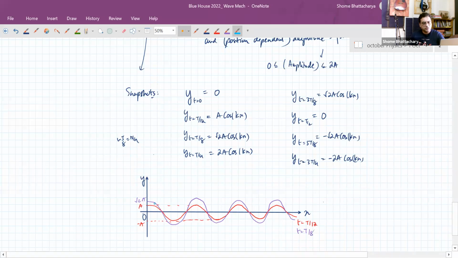By the time you get to T by 4, all the particles except for those at the nodes have reached the maximum displacement. The amplitude of this cos graph has become 2a.